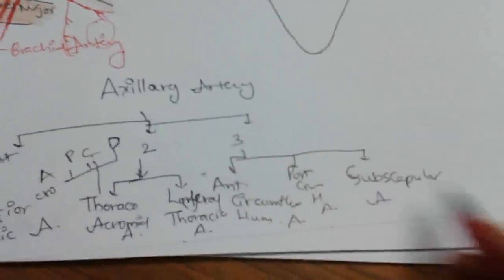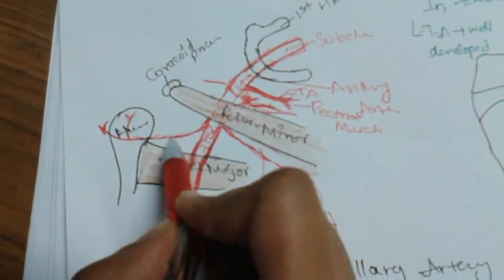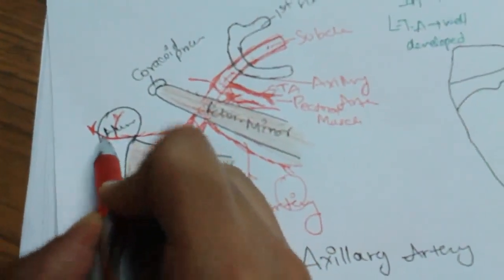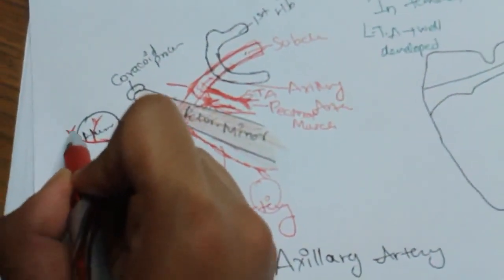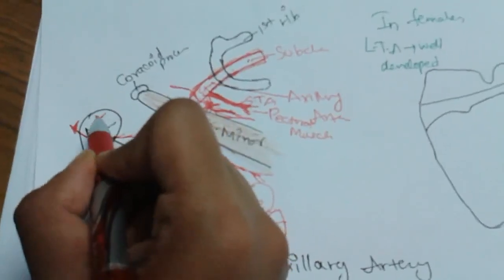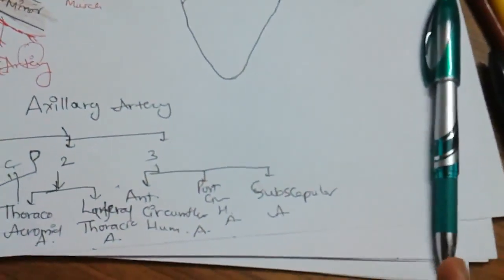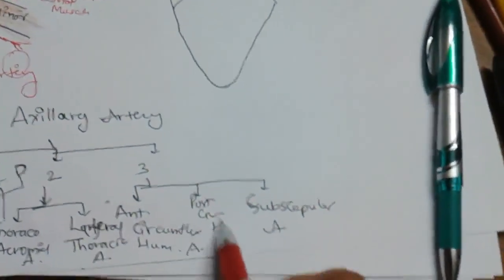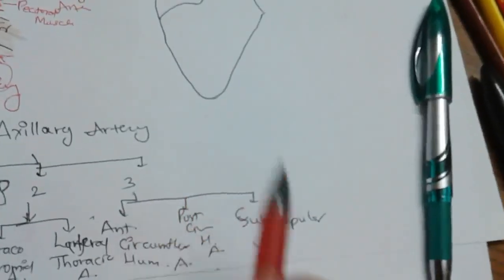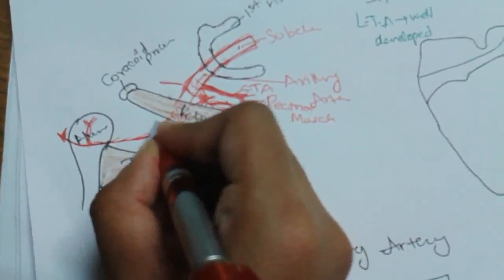So this is the anterior circumflex humeral artery. You can see it emerges from the third part, and then it runs around the surgical neck of humerus, and then it anastomoses with the posterior circumflex humeral artery. Then it gives a branch to the head of humerus, so that it helps supply the humerus. And the posterior circumflex humeral artery is the second branch of the third part of the axillary artery.